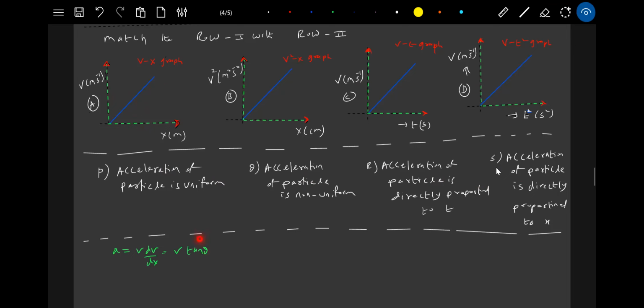Look at that, tan theta is constant, but v is increasing, no? I'm discussing the graph A. So therefore, this is increasing. This is constant. So what do you expect? This must increase.